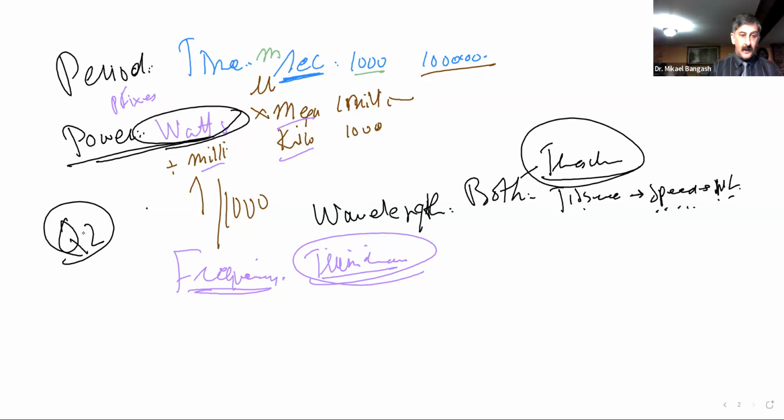Now, guys, the next one here is intensity. You may see that along with intensity it says initial intensity.